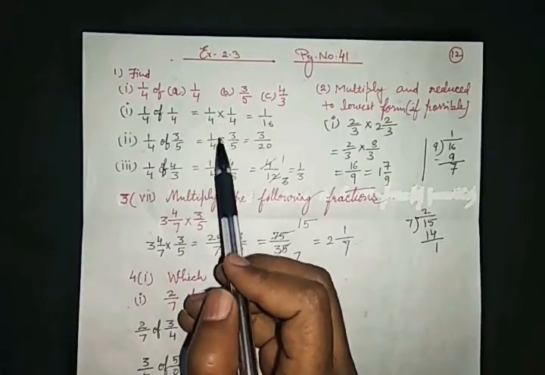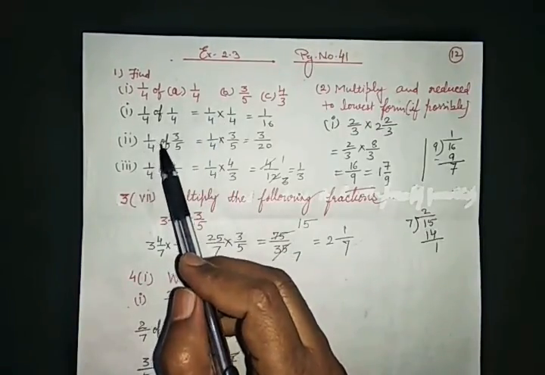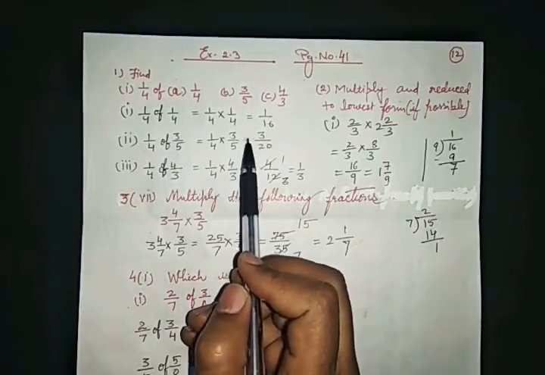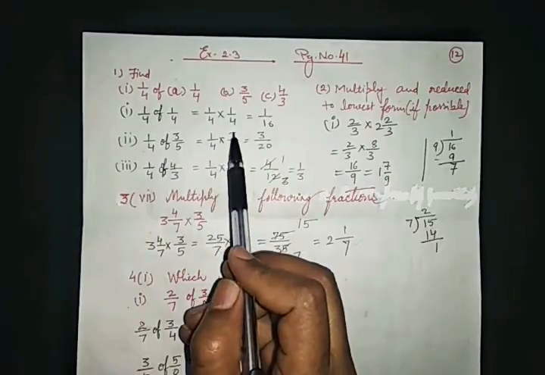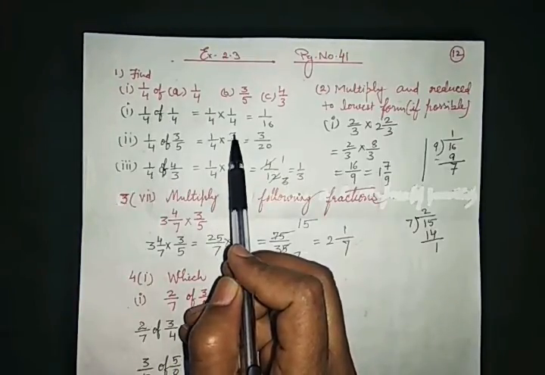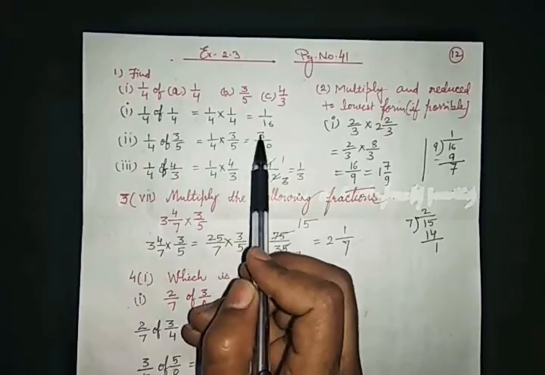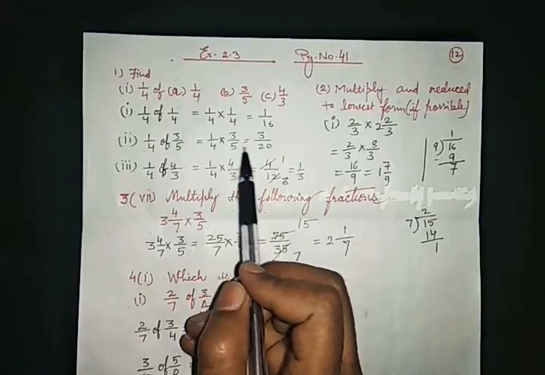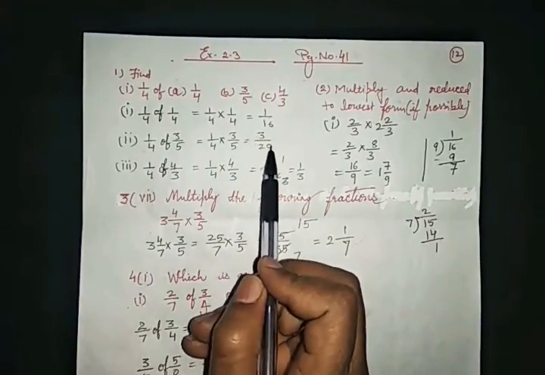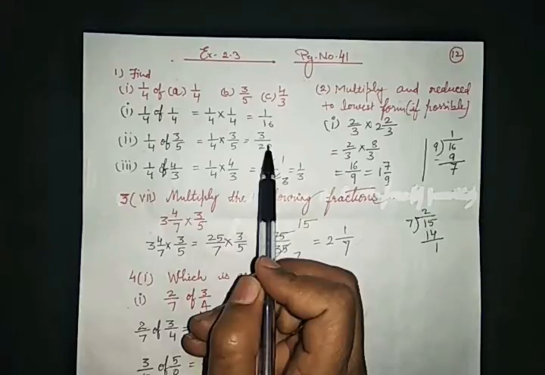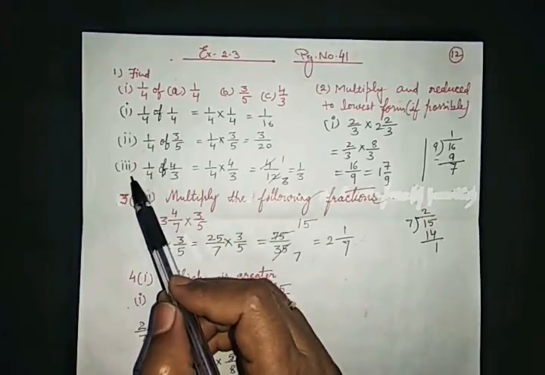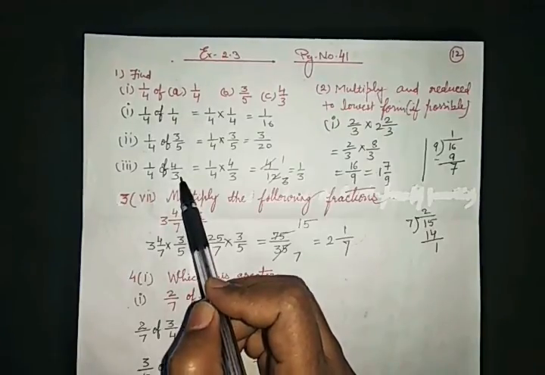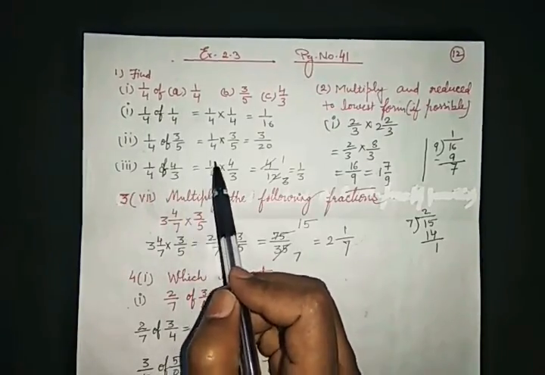In the same way, we will solve this part. 1 upon 4 multiplied by 3 upon 5 is equal to, we will multiply the numerator with the numerator of the second fraction. 1 into 3 is equal to 3, and denominators we will multiply, 4 into 5, 3 upon 20.